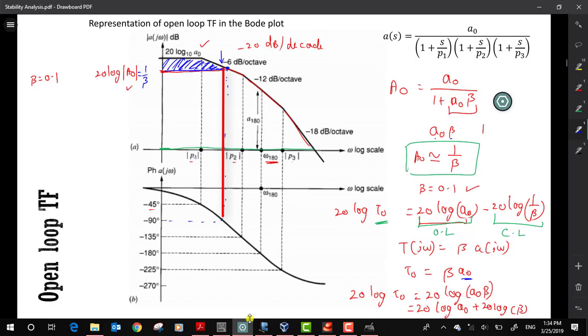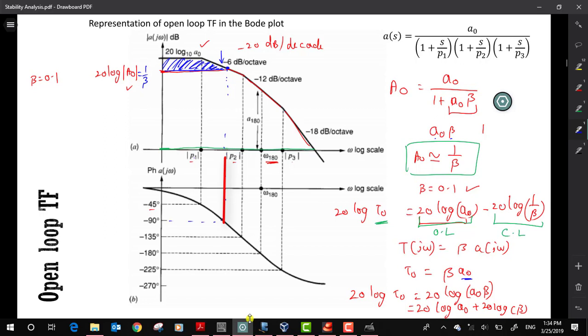Now, is the system stable or not? Yeah, at 180 degree, that is for sure. I can also talk with respect to the place at which the magnitude of my loop gain is 1, and I am looking for the frequency. When I look at this frequency, I should not have a phase value of minus 180 degree or more in the negative direction.